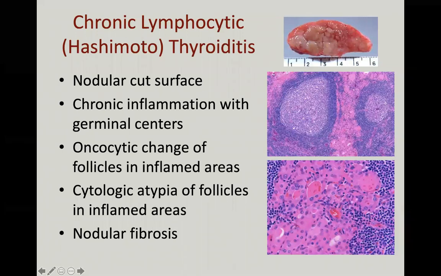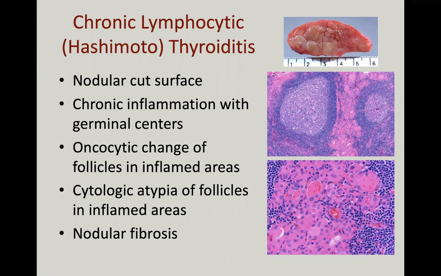And that oncocytic metaplasia and nodular thyroiditis often takes the morphology of a vague nodularity, right? So sometimes the nodules in Hashimoto's aren't actually neoplastic nodules.